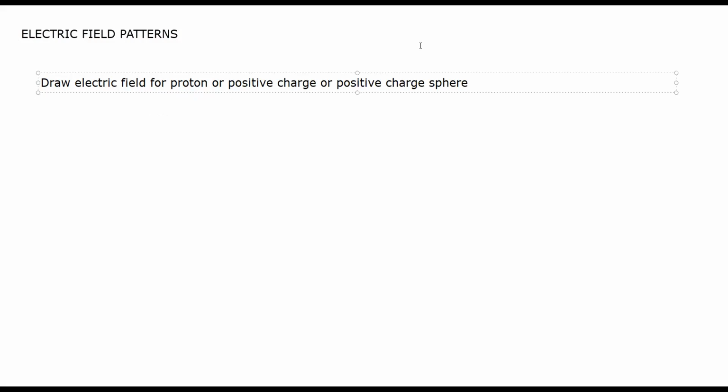As we know, proton or positive, all are positive, so we draw that particle. For example, if I say proton, I can write P or I can write a plus charge on it. Then what will be the pattern? Because the proton is positive, the direction of electric field is always out.